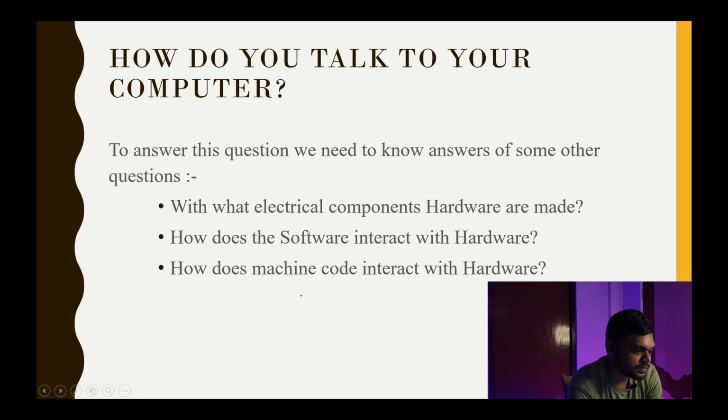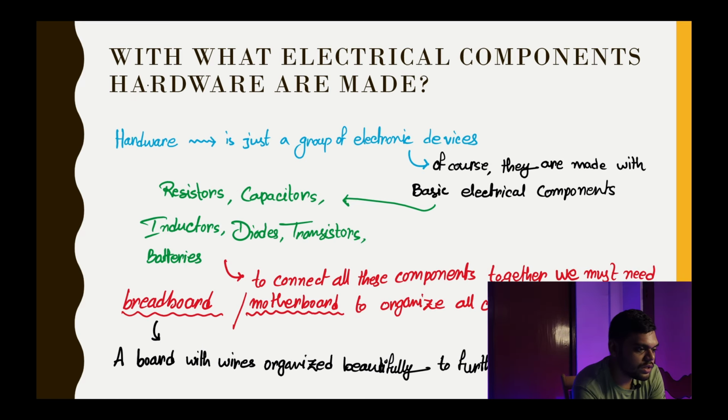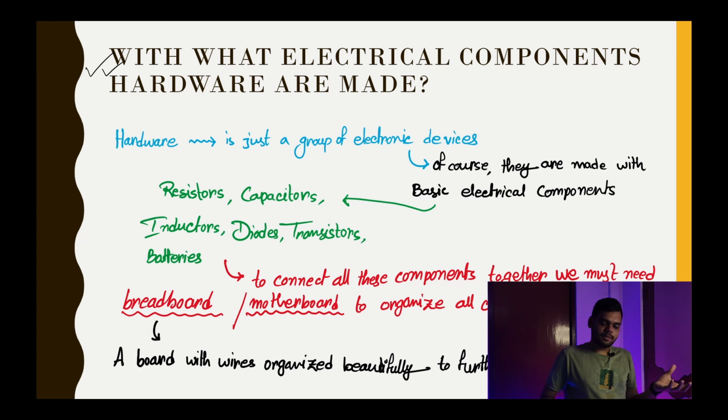Moving forward, the first question: with what electrical components are hardware made? Hardware is just a group of electrical devices like input unit, memory unit, CPU, output unit, motherboard, PSU. Those are just basic electrical components.